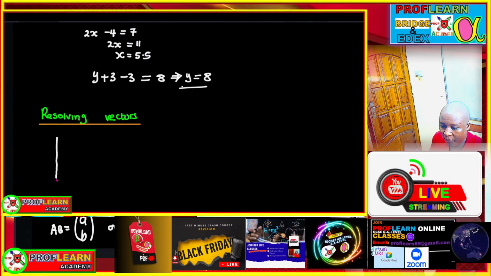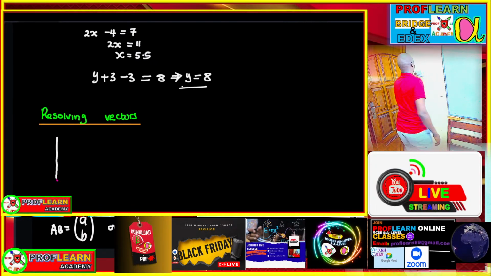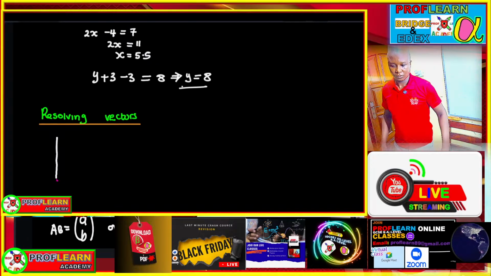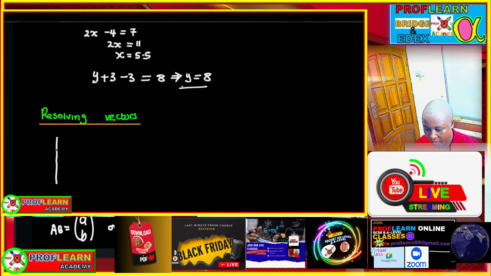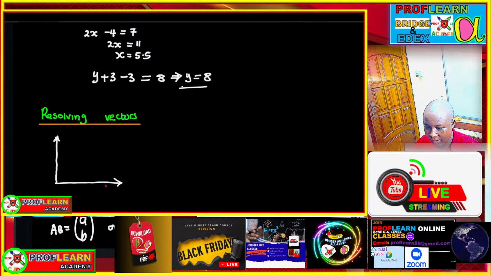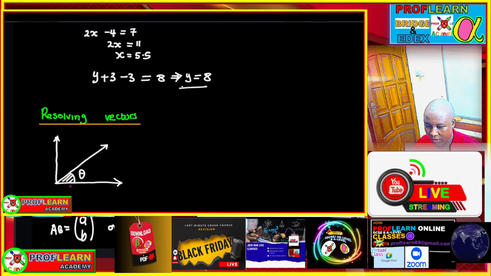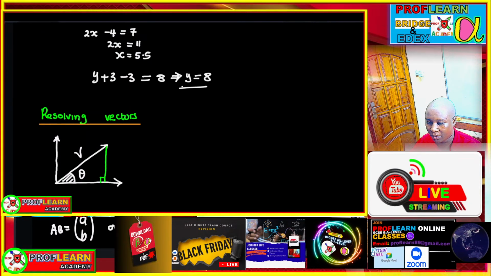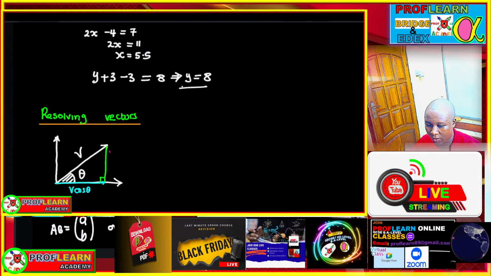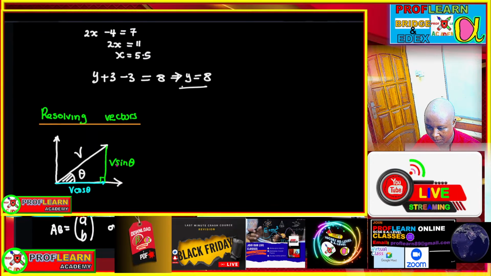Now, if you are given a vector like that acting at an angle theta, so if this is a velocity v, then we have this vertical line forming 90 degrees at this point, and this component here is going to be v cos theta, and this vertical component is going to be v sin theta.